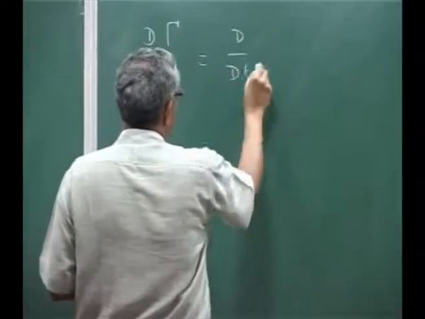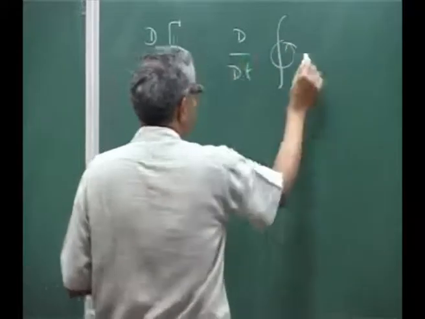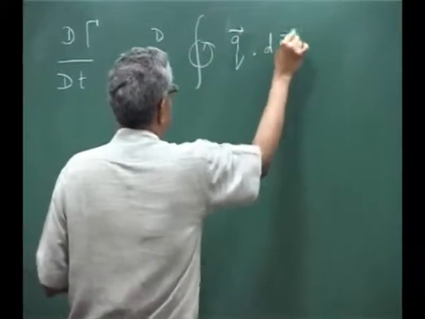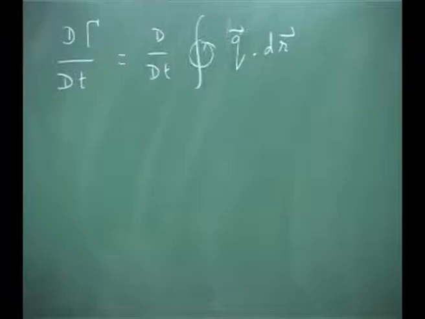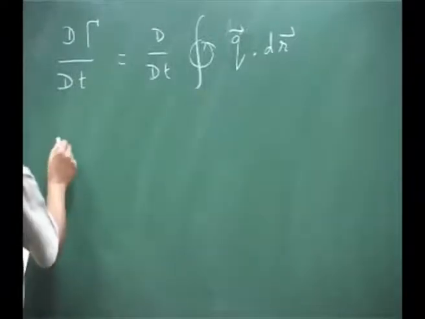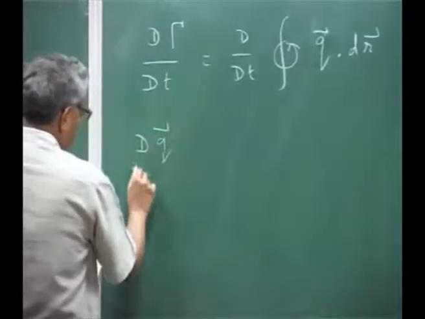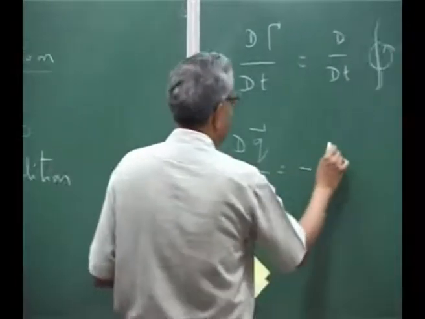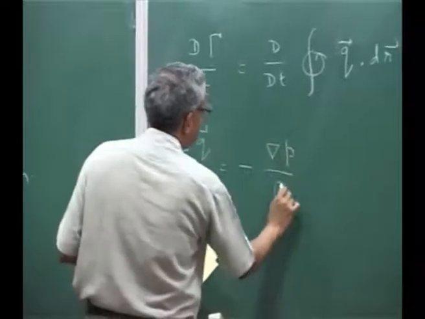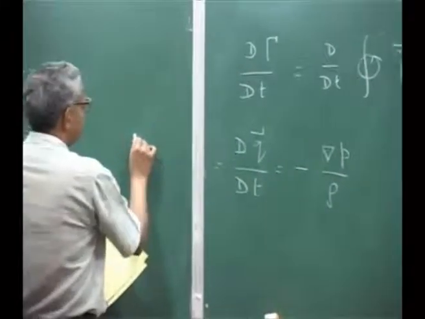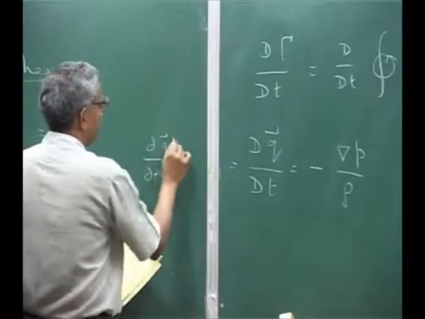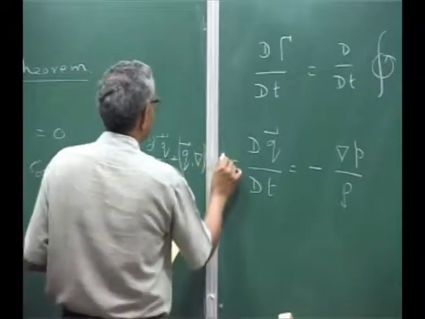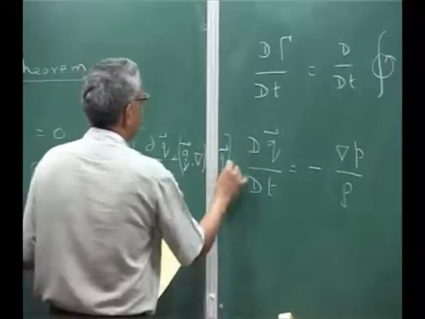This is nothing but d over dt of the circulation, because circulation is the integral of q dot dr. Now from our momentum equation, we know dq over dt is minus grad p over rho, where d over dt is delta by delta t plus q dot del.